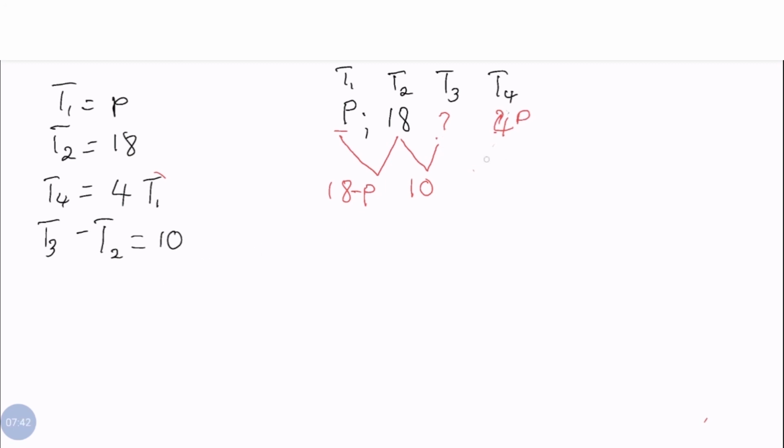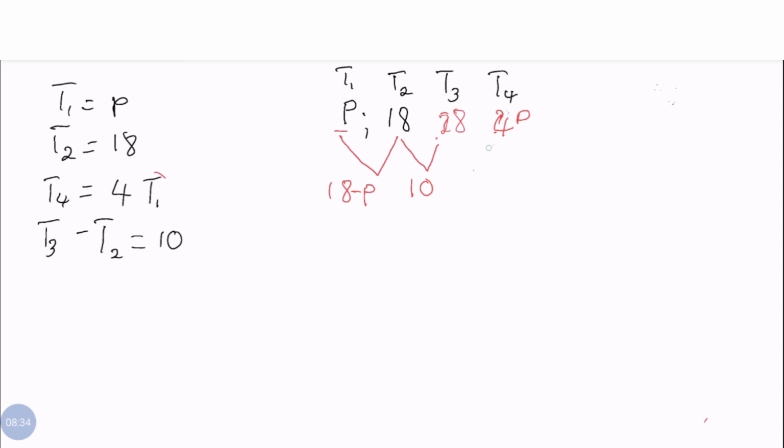And what else do we know? We know that T3 minus T2 is equal to 10, which means 18 plus 10 is equal to T3. So 18 plus 10 is equal to 28. So now we know the value of T3, that is 28.